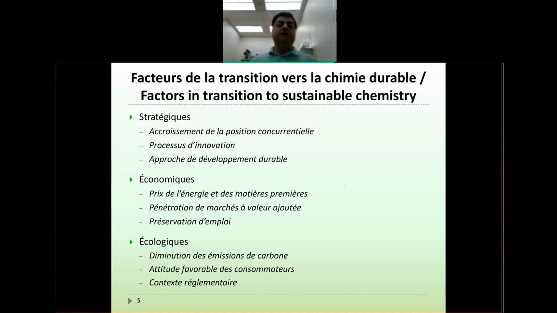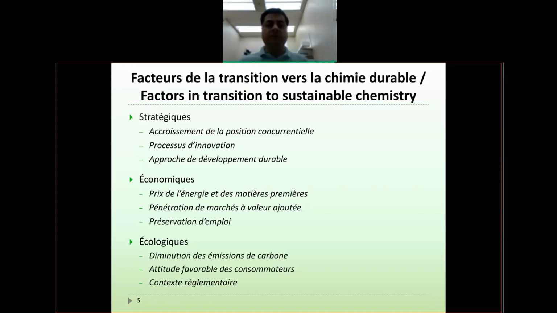Something that we need to consider is how we can transfer from petrochemical based chemicals to bio-based chemicals. When we say petrochemical based chemicals, it means chemicals that have their original source in crude oil.